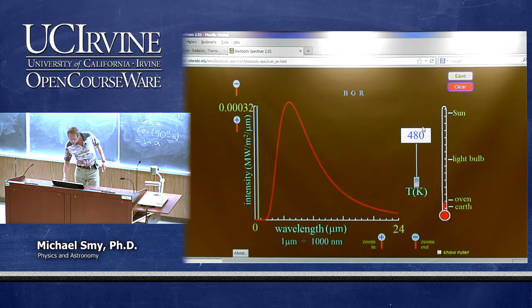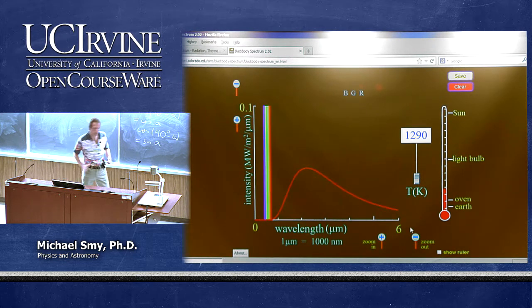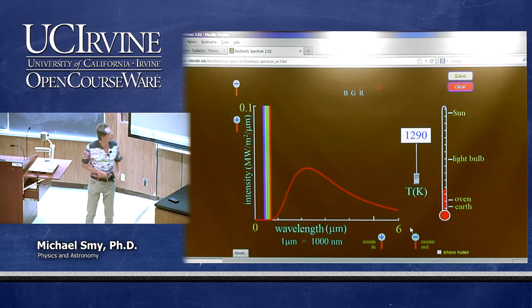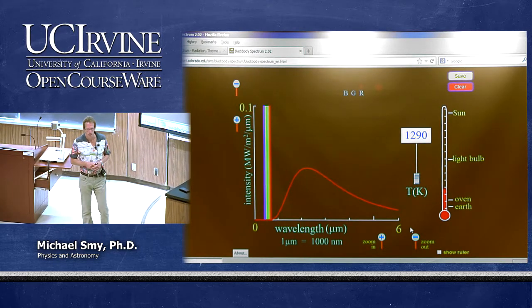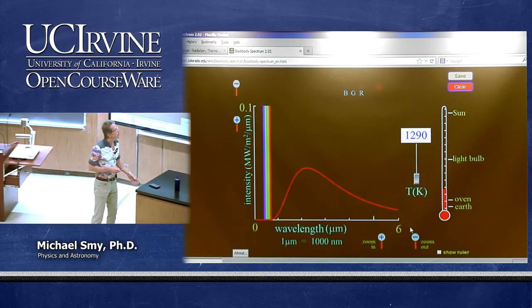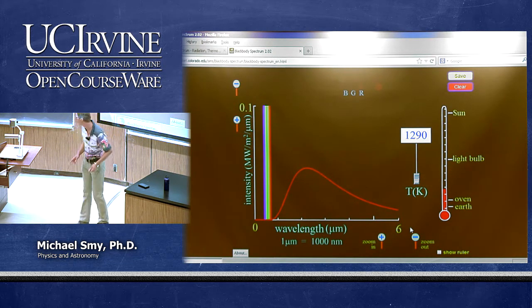So if we go to higher temperatures, say about 1,000 degrees, the radiation starts to wander through the visible spectrum. And therefore, if you heat, for example, steel or iron, then it starts to turn red, and so we call it red hot.